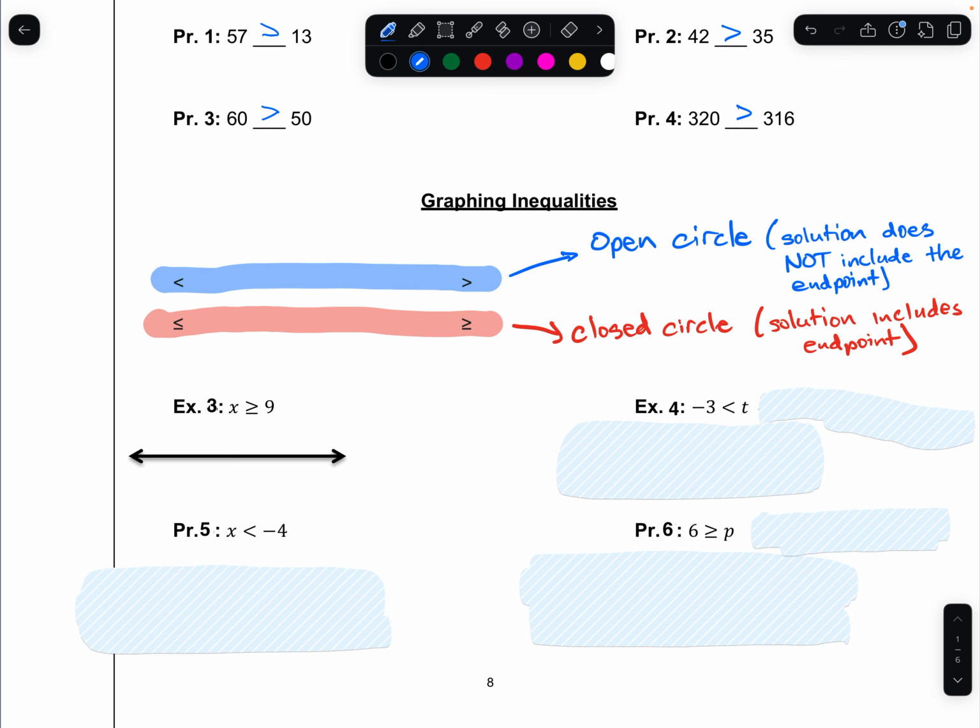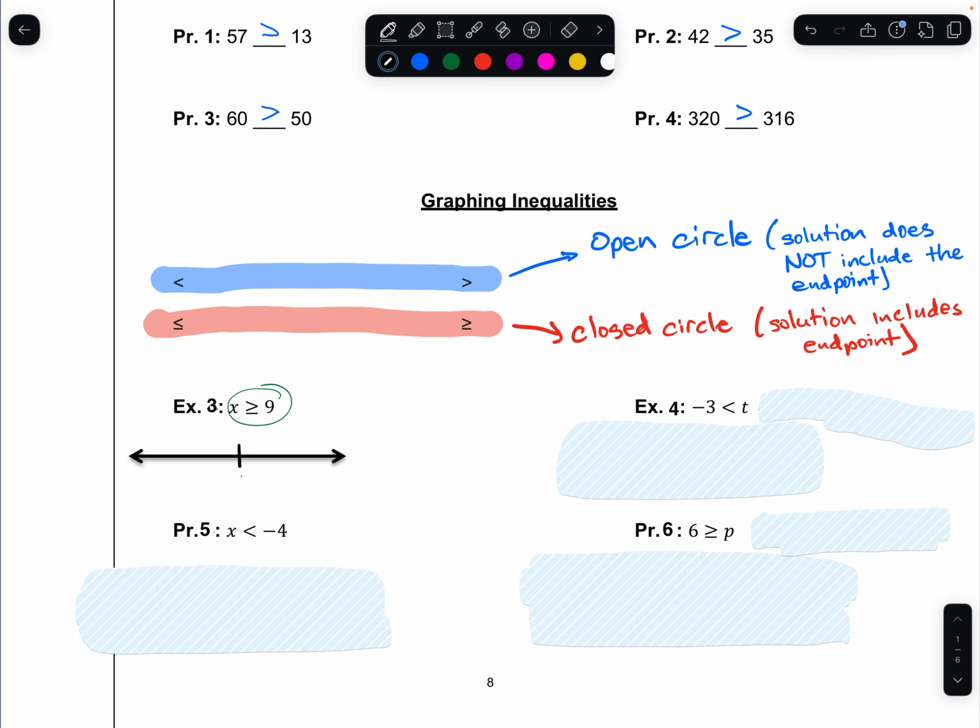you should know how to graph inequalities. So when we're graphing an inequality, I'll go over the red and blue stuff here in a moment. But let's just say we're trying to graph this inequality here. X is greater than or equal to 9. The first thing we're going to do is draw a number line like we have below, and we're going to draw some tick marks.